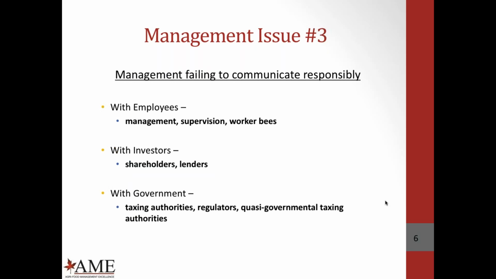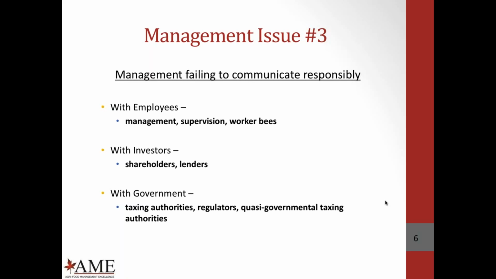Okay, we'll move on to the third management issue, and this one is failing to communicate responsibly. So being a manager comes with some responsibilities, whether it's to your employees. So for those of you who have siblings in the operation or parents who are still involved, or you're involved with your parents, communication is really key, so everybody's on the same page.